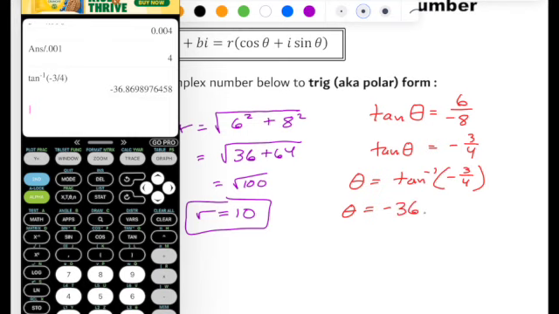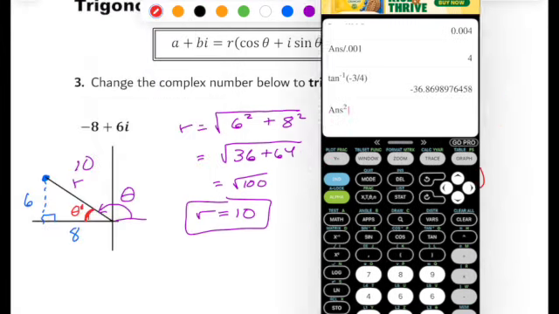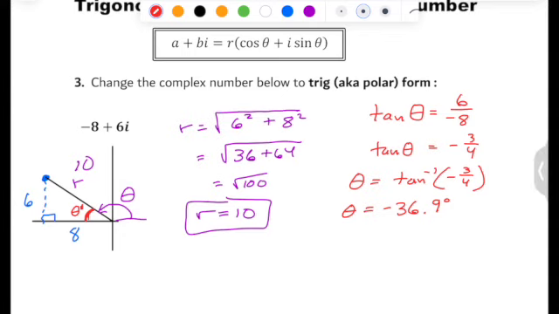So your answer for a negative is going to be between -pi/2 and pi/2, -90 to 90. So it's going to give you about, I'll round to the nearest tenth here, -36.9 degrees, which is in quadrant 4, right? That's one of the two places where tangent's negative.